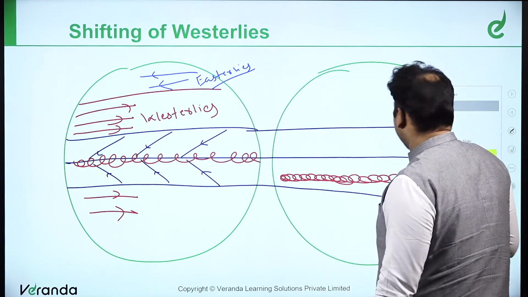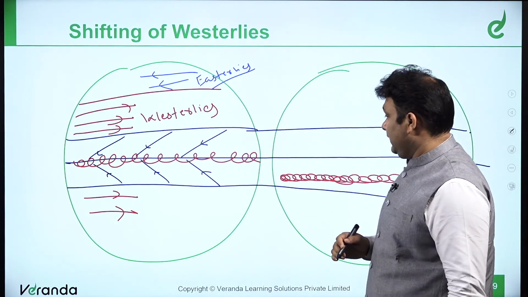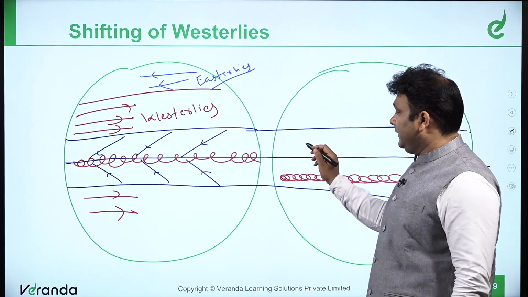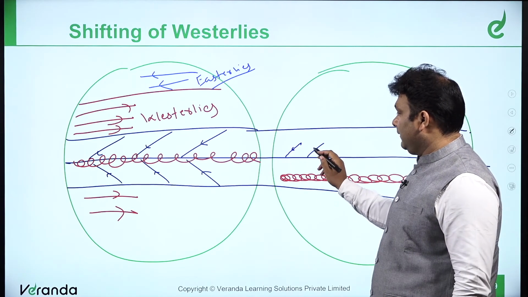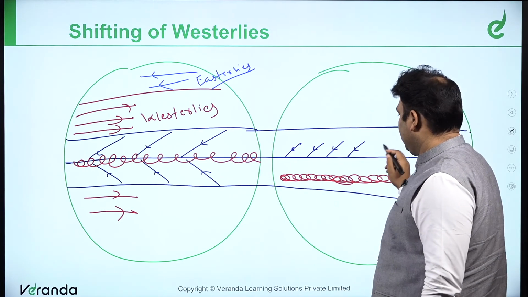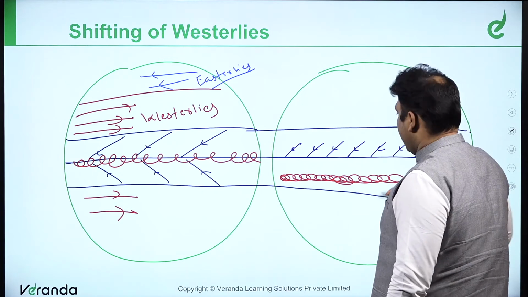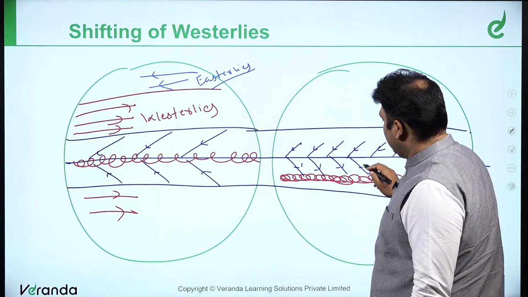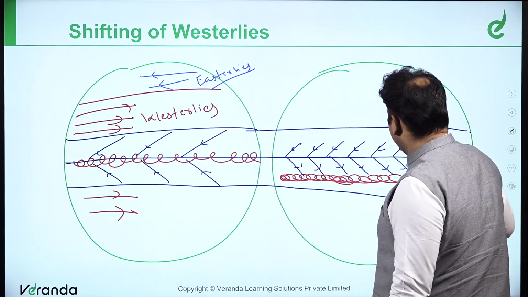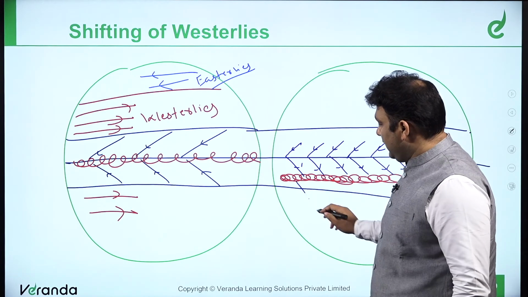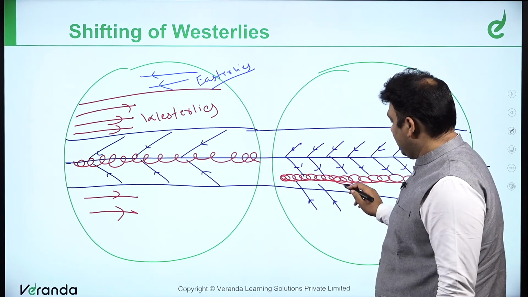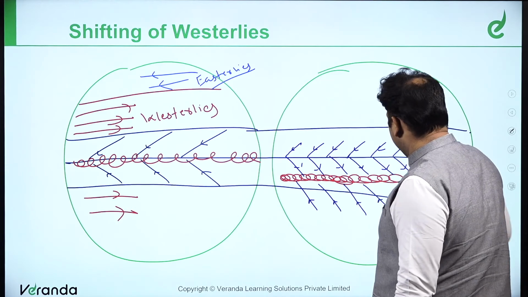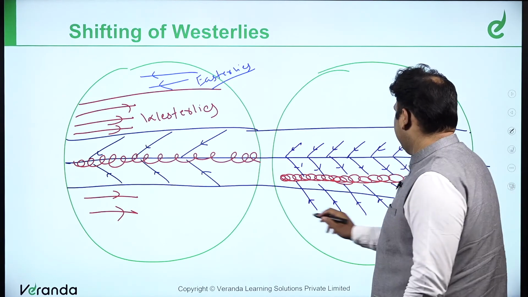So how are they shifting? Instead of starting from here, they will start a bit here. And after crossing the equator, they will change the direction because of the Coriolis effect. And here they will be starting a bit behind because of the shift in the trade winds.